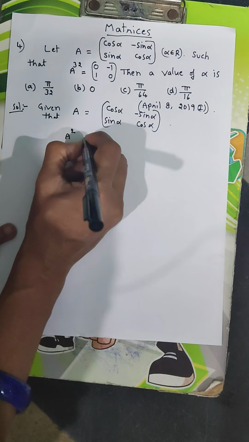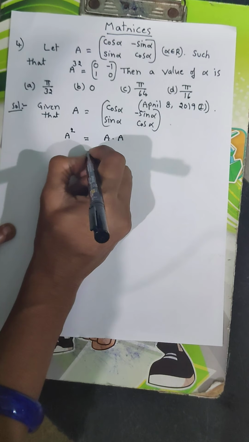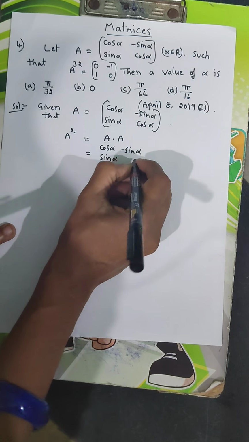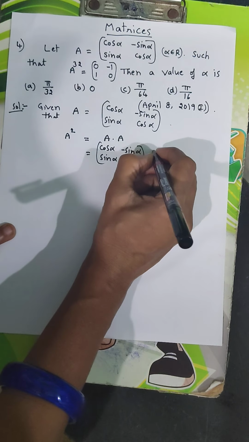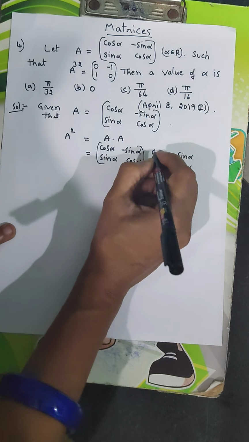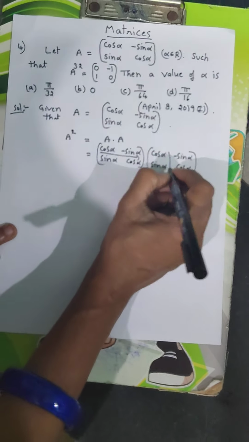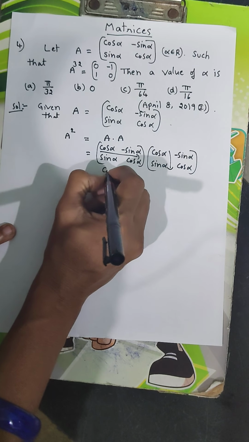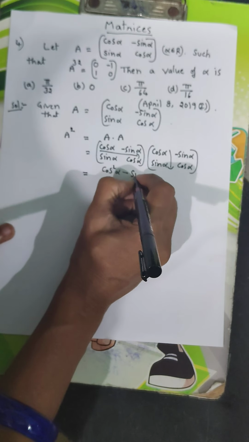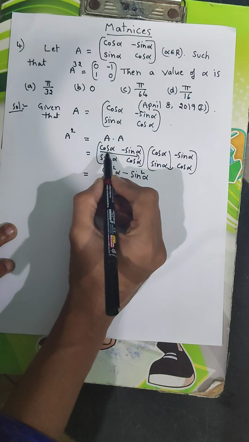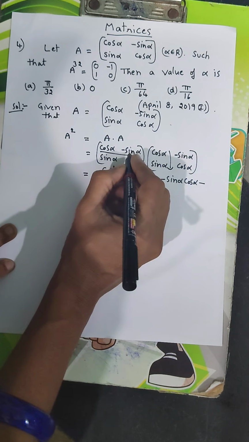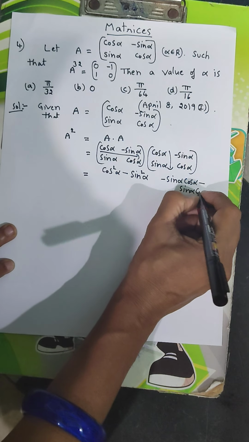So we take A square equal to A into A. By matrix multiplication we get, first row first column, cos square alpha minus sin alpha into sin alpha, that is sin square alpha, and first row second column, minus sin alpha cos alpha minus sin alpha cos alpha.